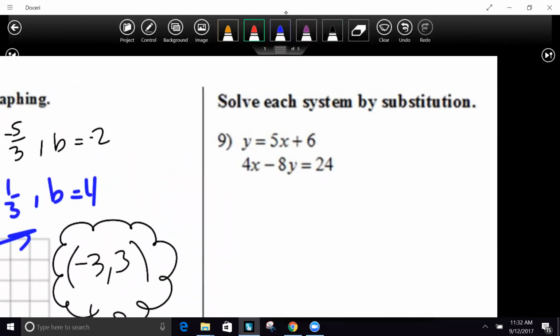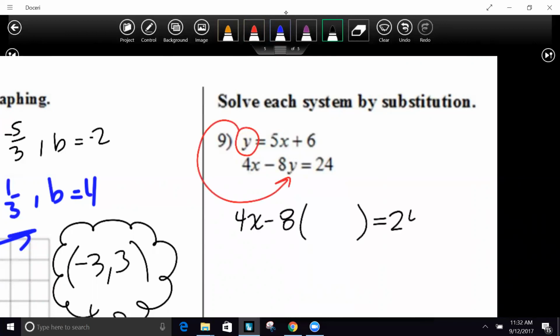We have our substitution. We're going to plug it in down below: 4x minus 8 in parentheses, we're going to plug that in, is equal to 24. What should I plug in? 5x plus 6.